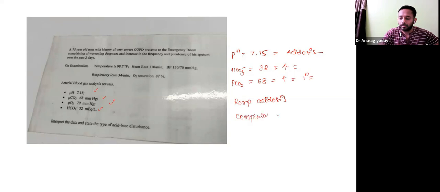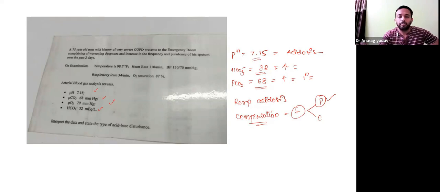Whether the compensation has started. Yes, when carbon dioxide is increased, bicarbonate is also increasing, so there is compensation. Is it partial or complete? It is partial. Why? Because the pH is not in the normal range. It has not come back to normal.